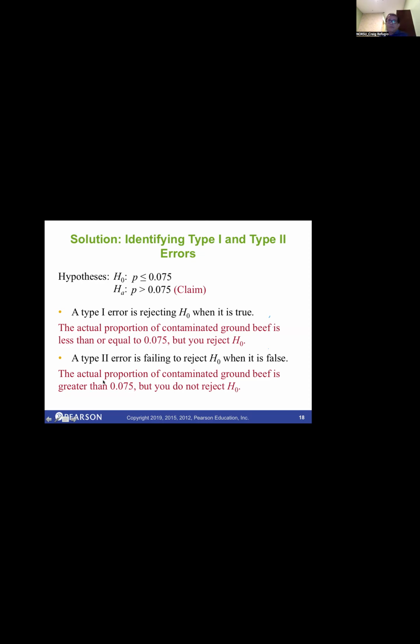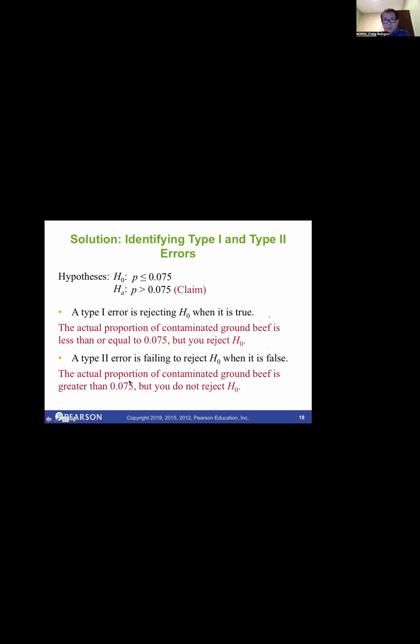Now type 2. How do we define type 2 error? Type 2 error is failing to reject HO when it is false. You do not reject HO when it is actually false. So the actual proportion of contaminated ground beef is greater than 0.075, but you do not reject HO.